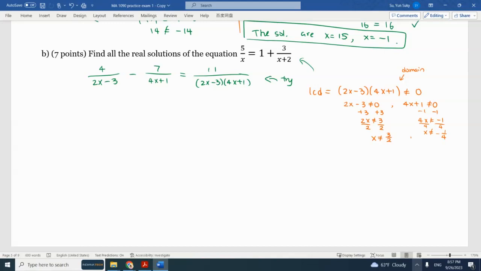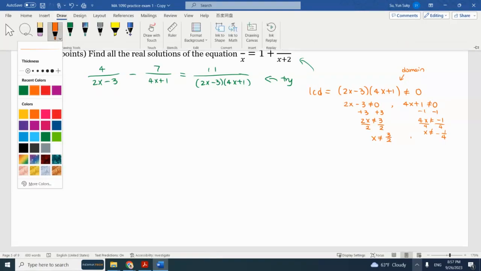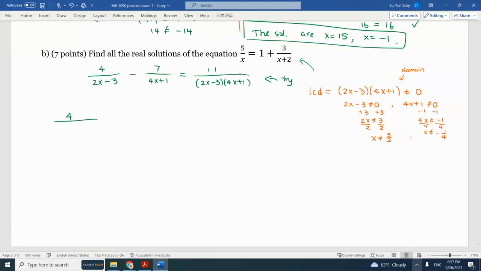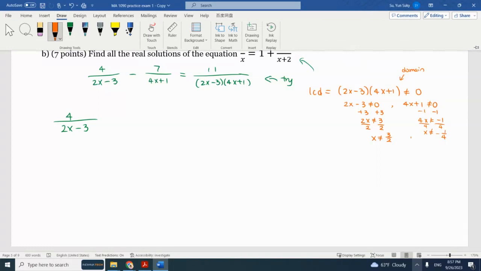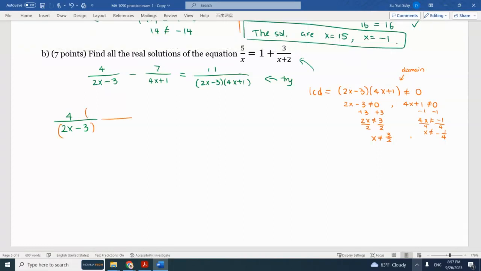Now we want all the fractions to have the least common denominator. Therefore, for the first fraction, in order to get the least common denominator, we multiply by 4x plus 1. That's the first term.